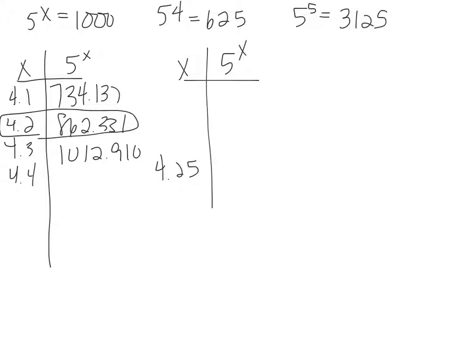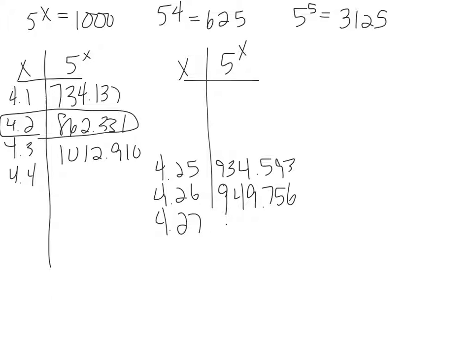5 to the 4.25, I typed in the wrong thing, is 934.593. 5 to the 4.26 is 949.756. 4.27 is 965.166.